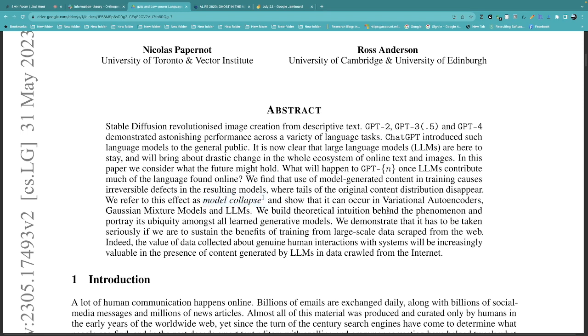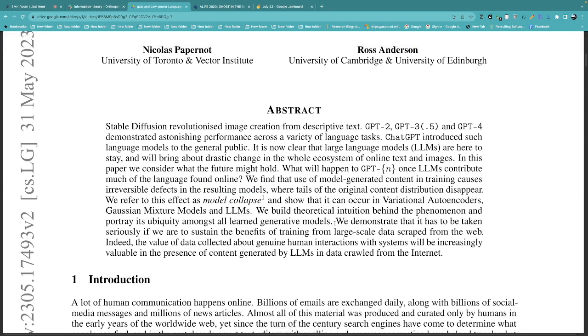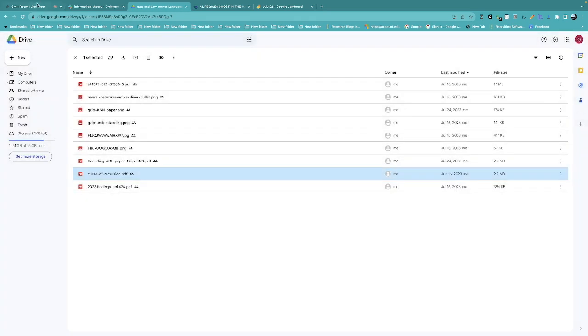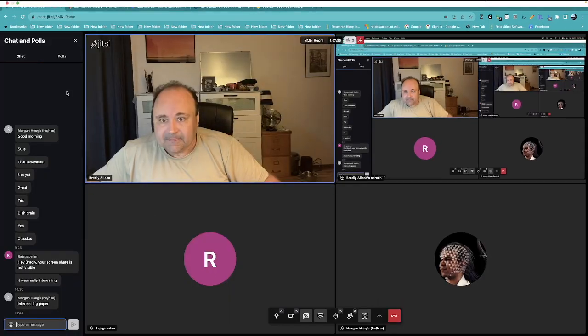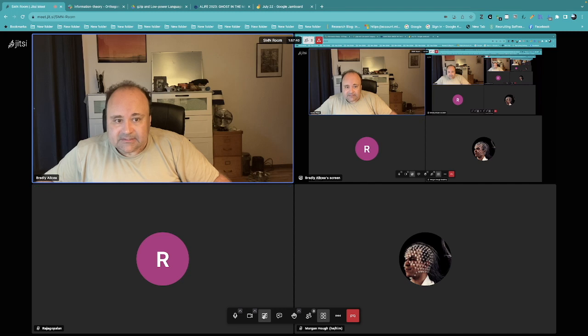We built theoretical intuition behind the phenomena and portray its ubiquity amongst all learned generative models. We demonstrate that it has to be taken seriously if we are to sustain the benefits of training from large-scale data scraped from the web. So this is important for maintaining the integrity of large language models. And that's all I have to say about that set of papers.